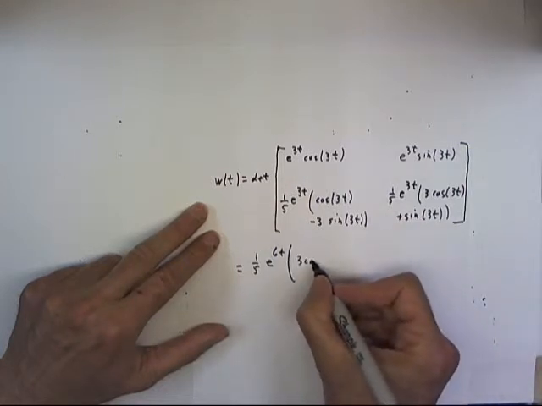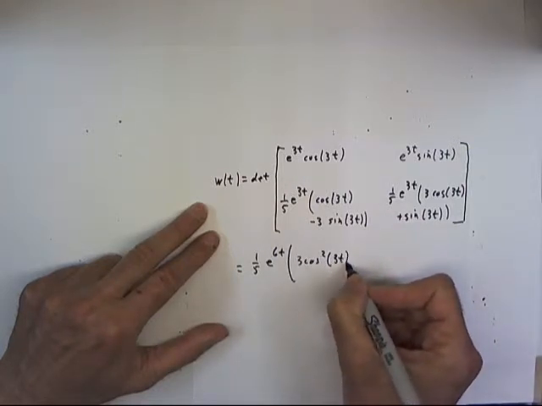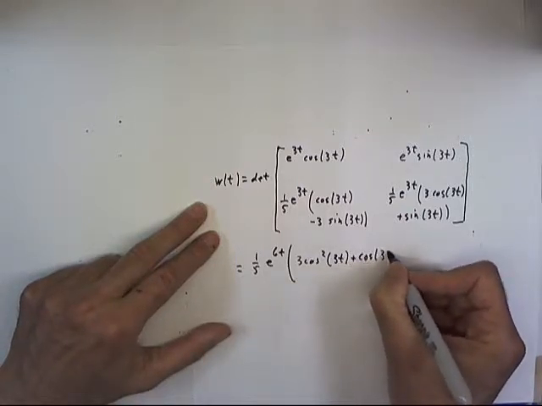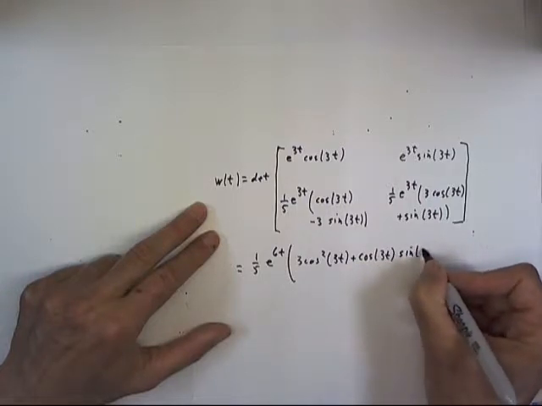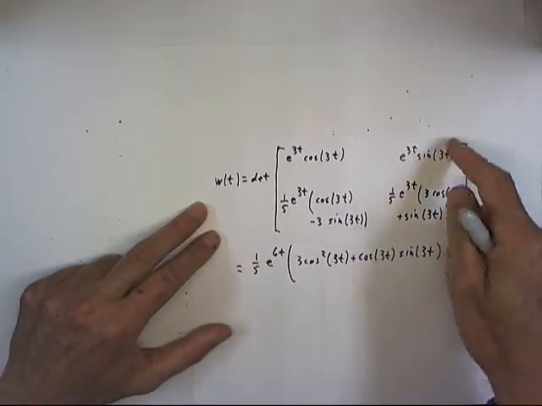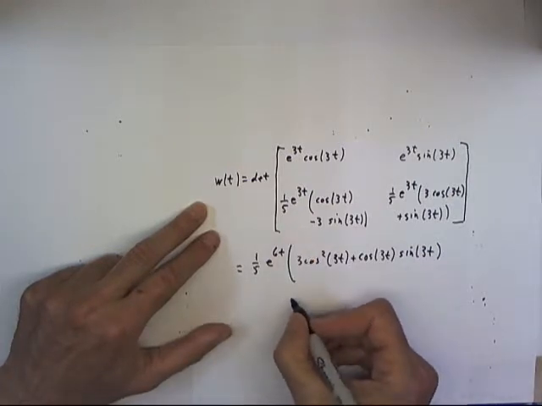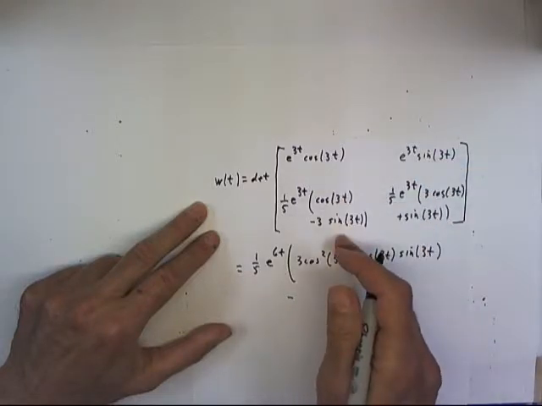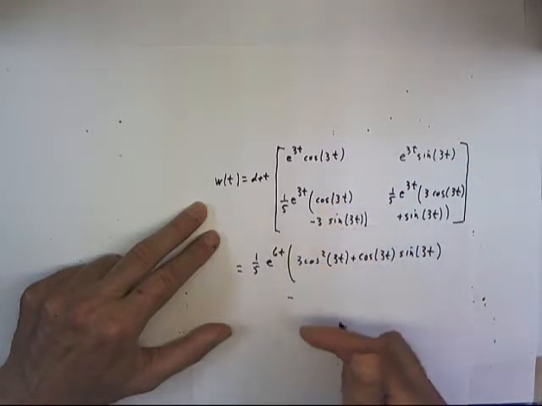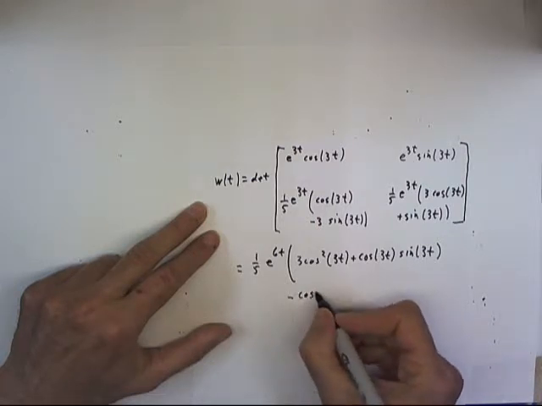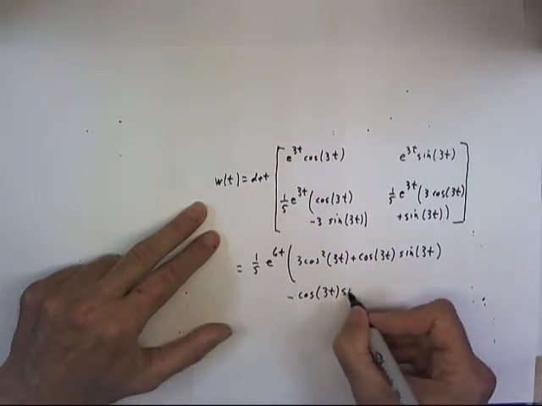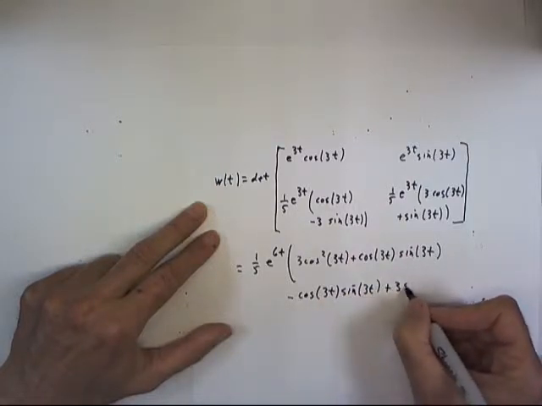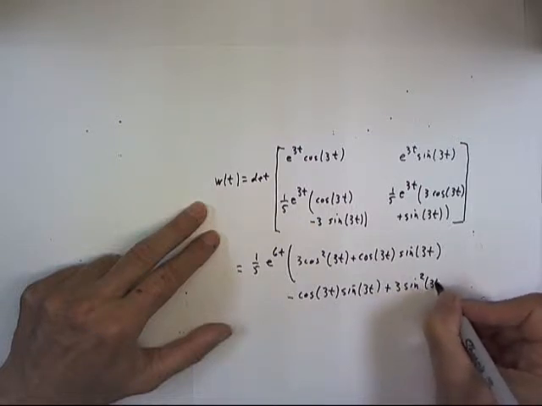We get 3 cosine squared of 3t plus cosine of 3t sine of 3t, and then from the other diagonal we get minus sine of 3t times, distributed through this expression, cosine of 3t sine of 3t plus 3 sine squared of 3t.